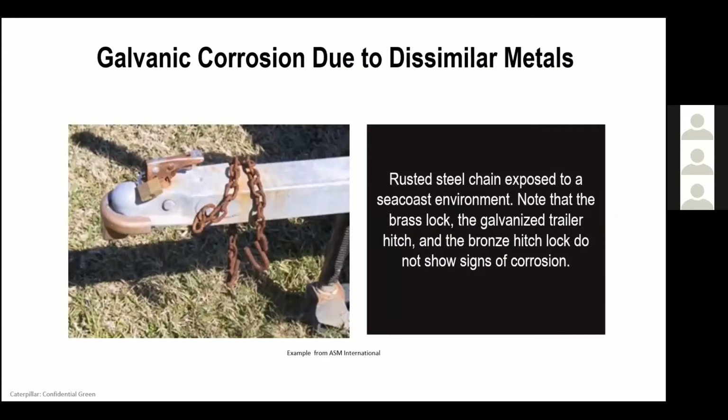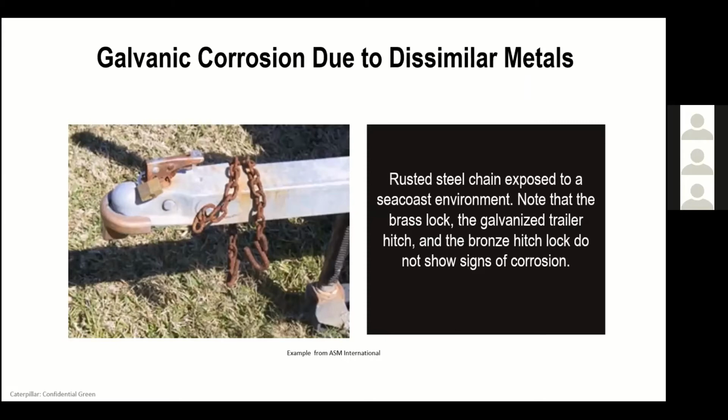So, two slides here. I'm going to reinforce this slide of galvanic corrosion. You're seeing this rusted steel chain, and in this case it was close to the sea coast, so it's a more corrosive environment than in Peoria. But you'll see that the similar metals are not showing the corrosion.